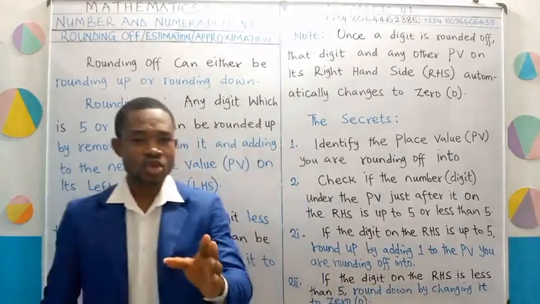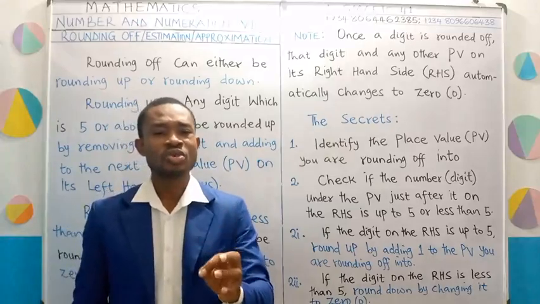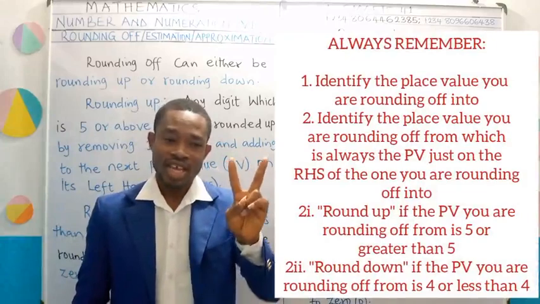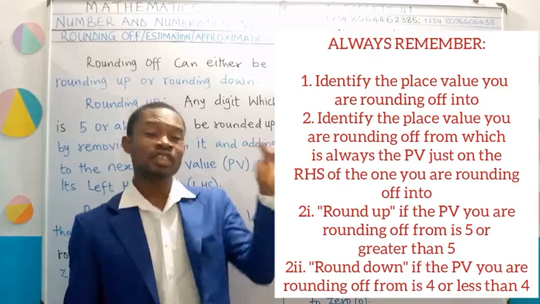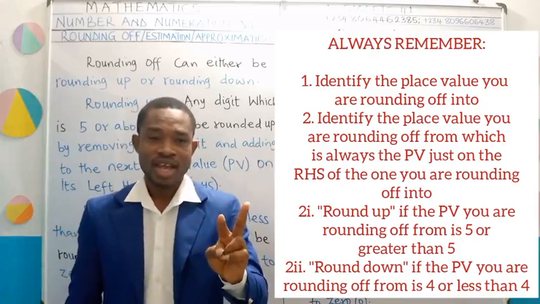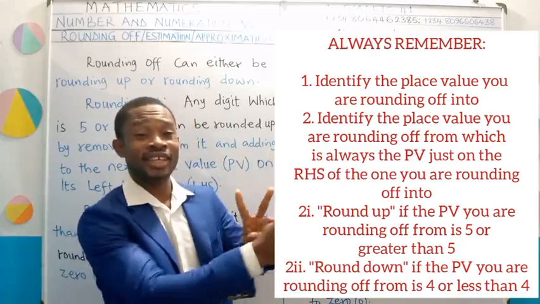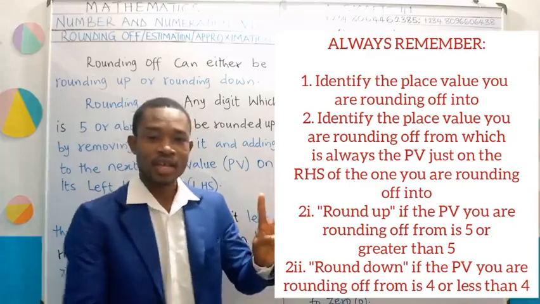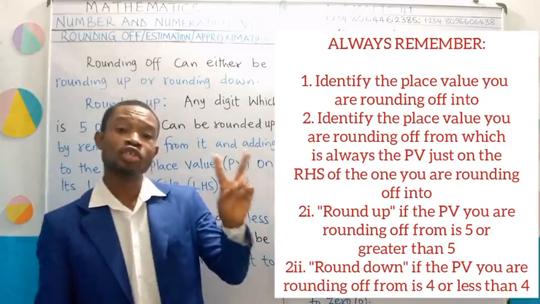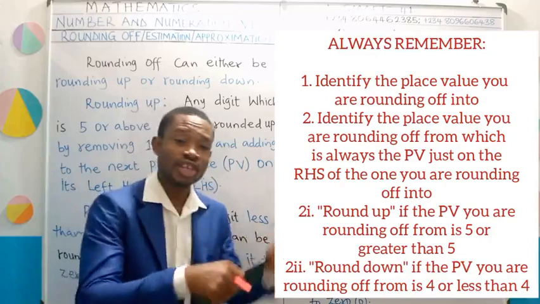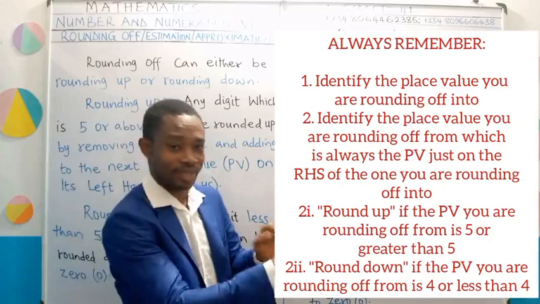If a problem is given to you in rounding off, all you have to do is to locate two place values. The one that you are rounding off into, which must be stated in the question, and then the place value on its right hand side, just the one less than it. So if I am rounding off into the nearest hundreds, for example, then my interest would be the hundreds place value and the tens place value.